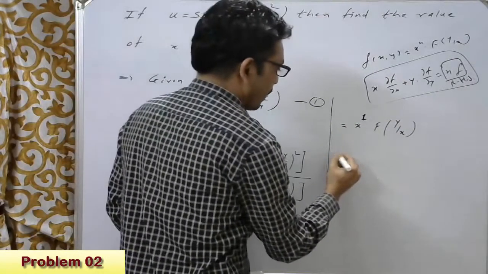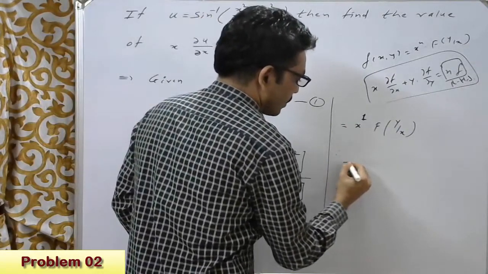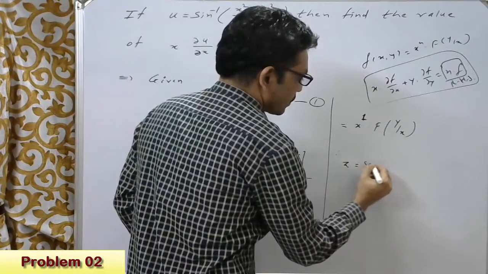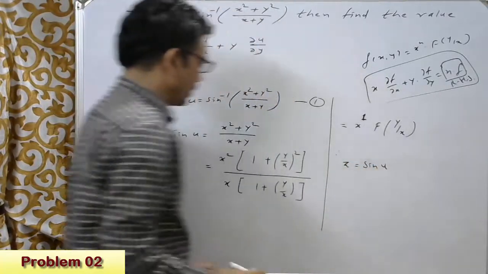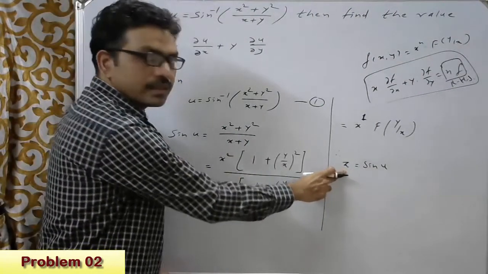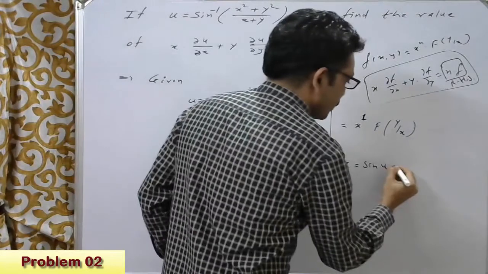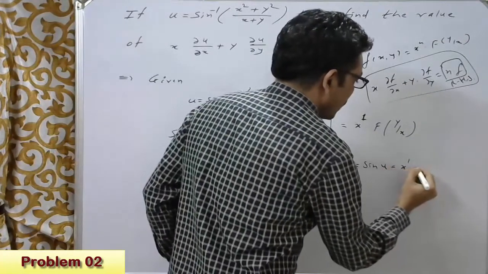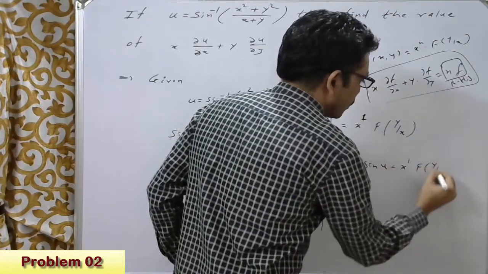Therefore, z is equal to sine u. Here sine of u is equal to z, which is equal to x raised to 1 into a function of y by x.